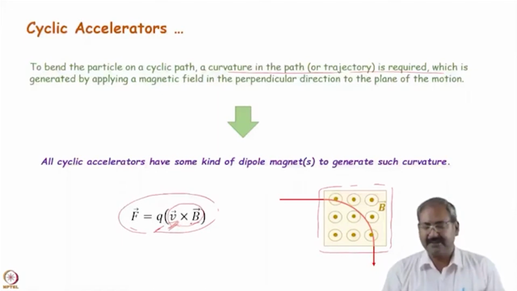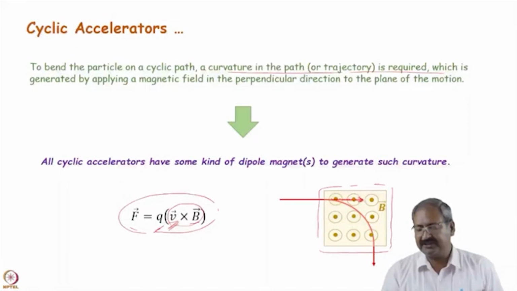So the magnetic field is coming outside the screen in the perpendicular direction, and suppose we draw a tangent on this trajectory, this is the direction of v, so v cross B will be in this direction.